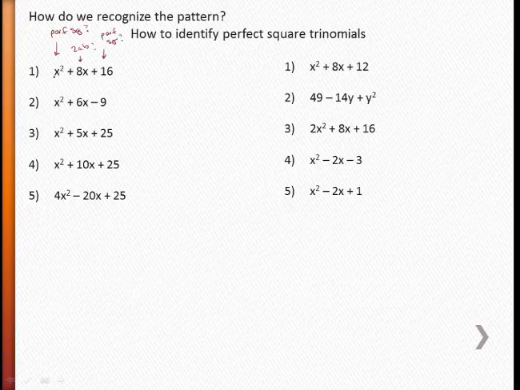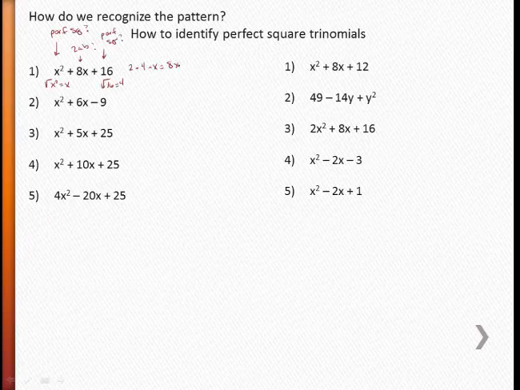So x squared is a perfect square, the square root of x squared is x, the square root of 16 is 4, 2 times 4 times x is 8x, that matches, so we are a perfect square trinomial.